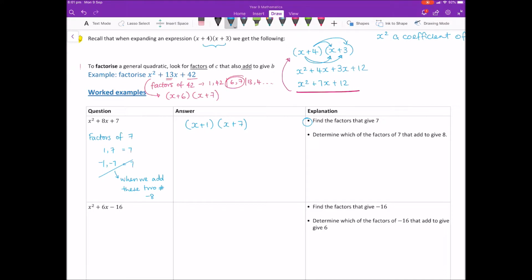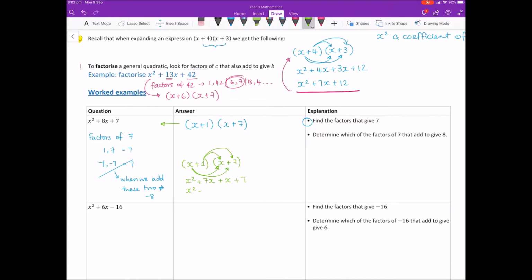If you're starting out and you want to check that your answers are correct, absolutely go back and expand your answer. If you expand your answer, you should be able to arrive at the question itself. So let's do it. I'll do it in green to differentiate that this is just a check. x times x is x squared, x times 7 is 7x, 1 times x is just x, and 1 times 7 is 7.